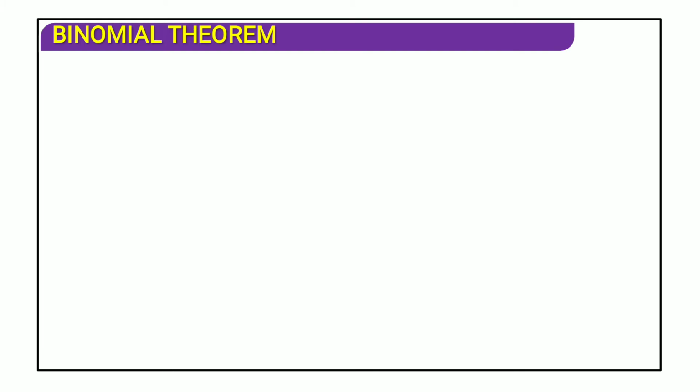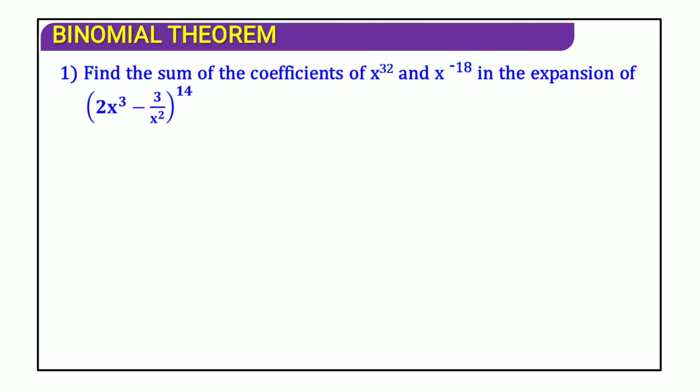Okay, the first question of binomial says, find the sum of the coefficients of x to the power 32 and x to the power minus 18 in the expansion (2x cube minus 3 upon x square) whole to the power 14. How will we calculate? First of all, write the given expansion: (2x cube minus 3 upon x square) whole to the power 14.